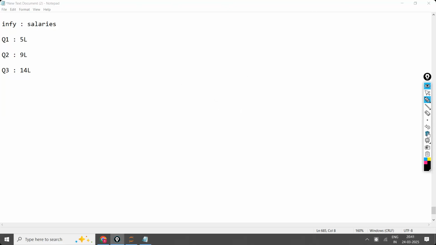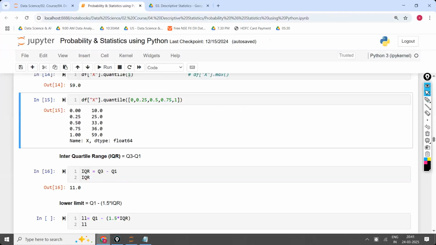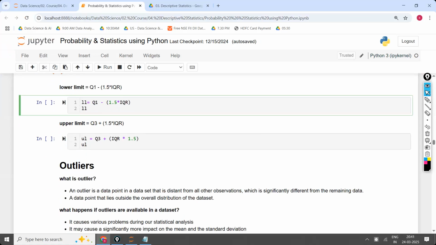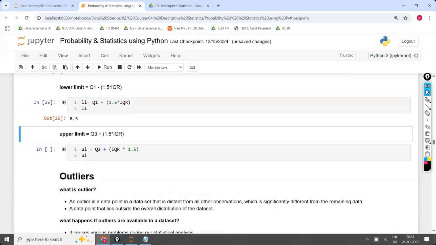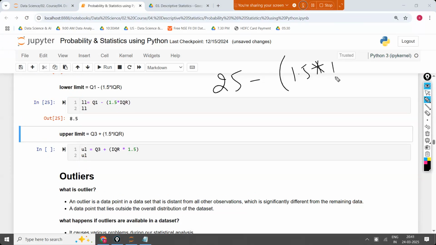Now, how to identify that outlier? First we have to calculate the lower limit. What is the lower limit? Q1 minus 1.5 into IQR. In this example, Q1 is 25 and Q3 is 36.